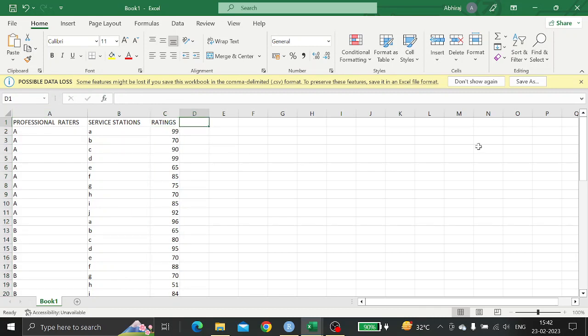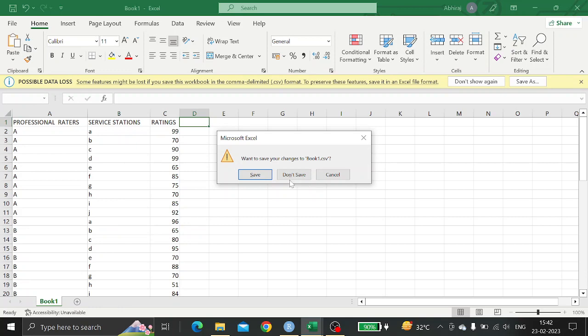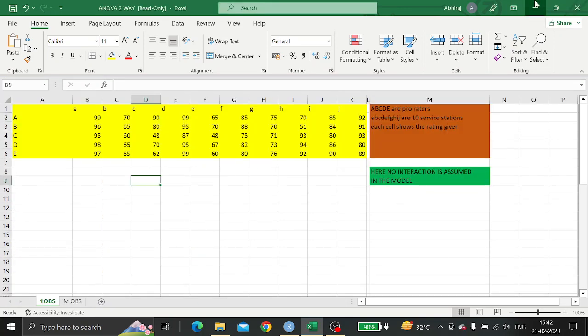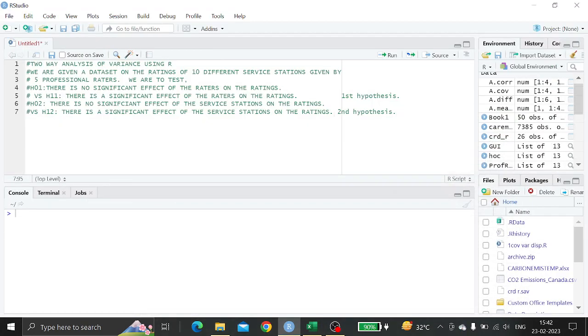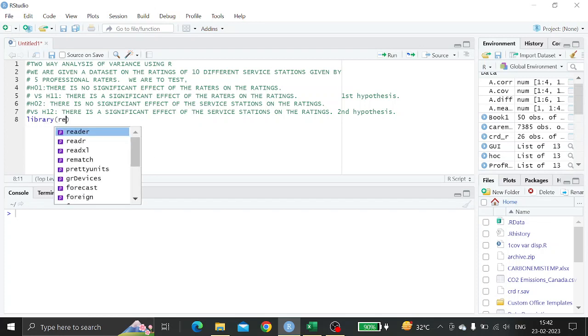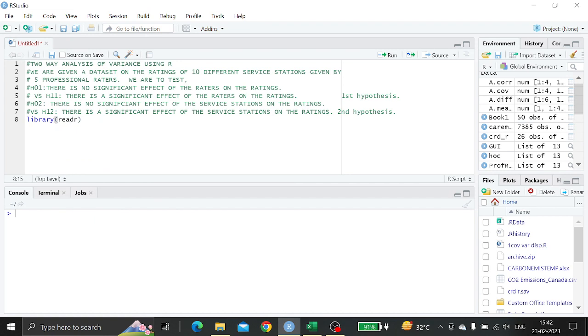Now I'm going to read this CSV file into R and perform a two-way ANOVA test. For this, I use the library function readr.